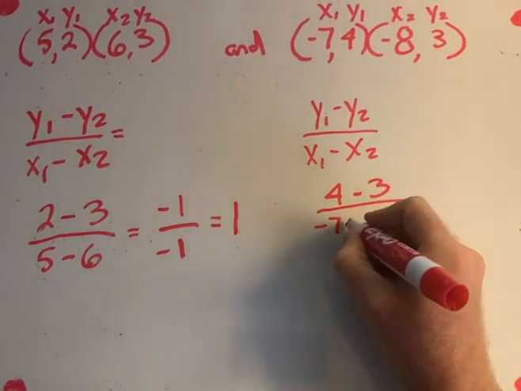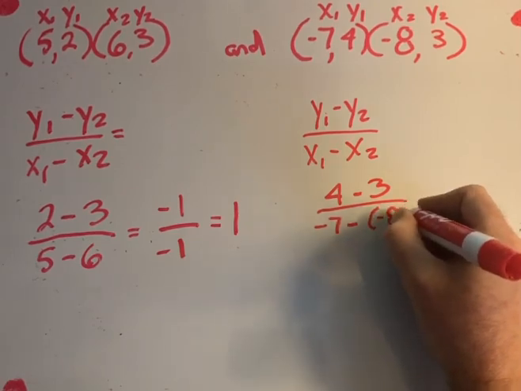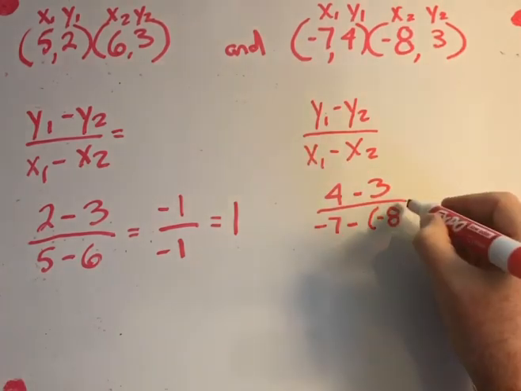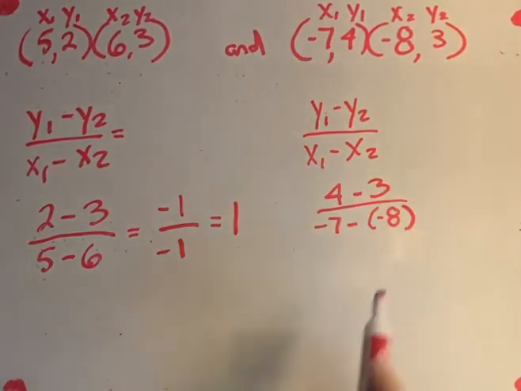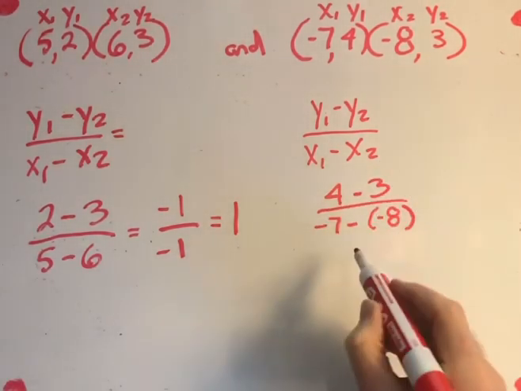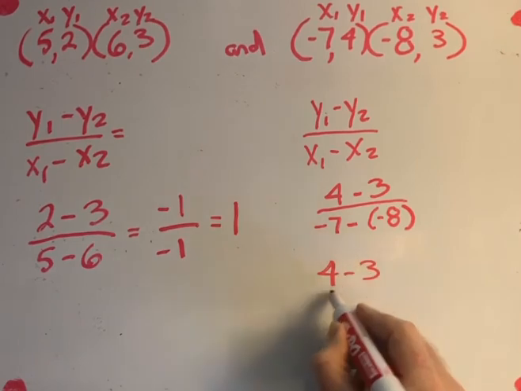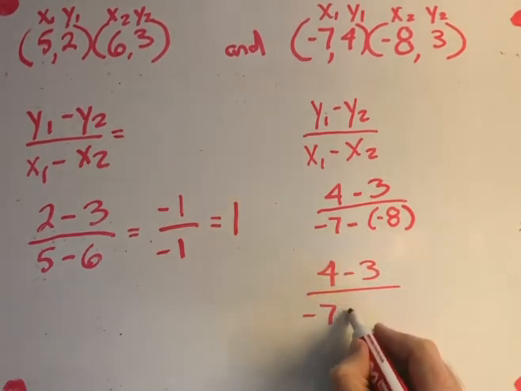Okay, so it's minus negative 8. Be mindful that there's a minus, and then x2 is a negative 8. So be mindful that that is minus a negative. We're going to rewrite this because there's minus a negative. So I have 4 minus 3 over negative 7. Minus a negative is plus, right?